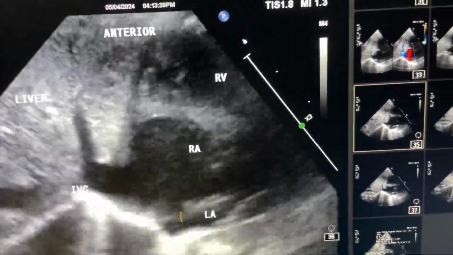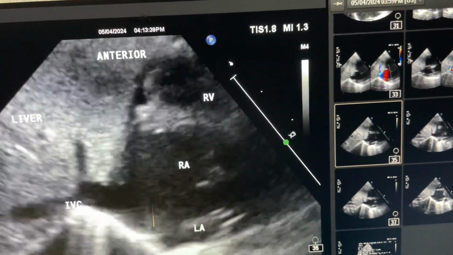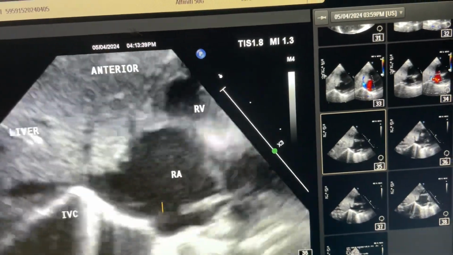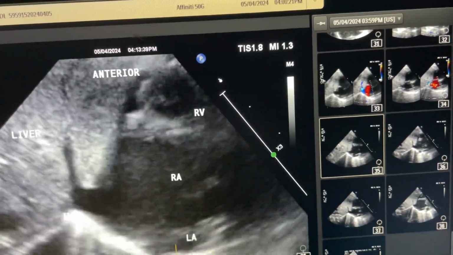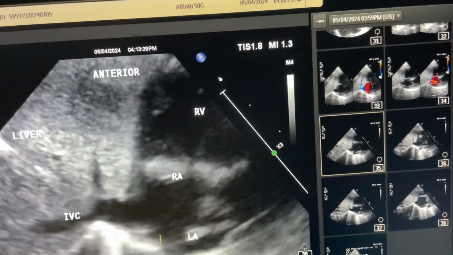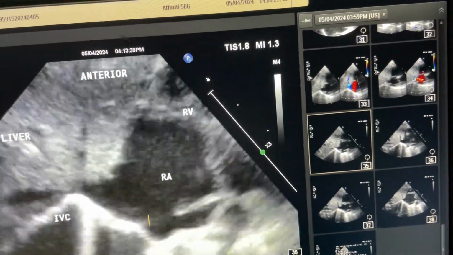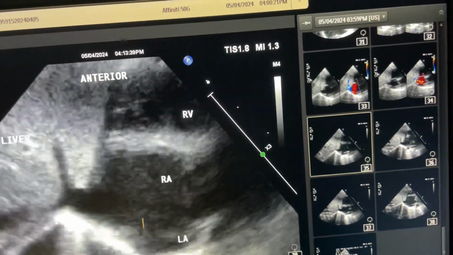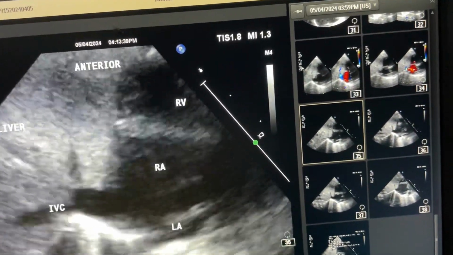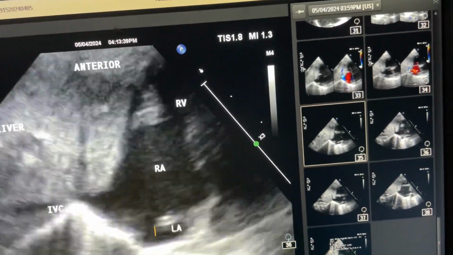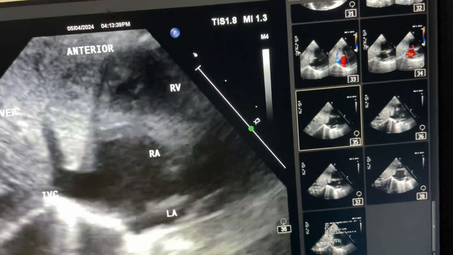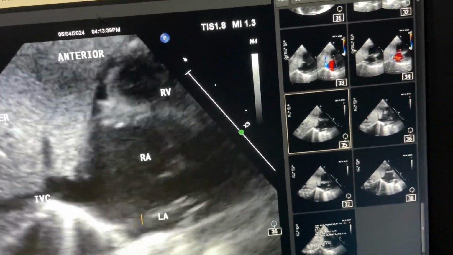This is left atrium. And you see left atrium is communicating, and at the same time IVC is also communicating with right atrium. And this is the right lower pulmonary vein, directly communicating with this right atrium. So in case of sinus venosus ASD of SVC type, you will find right upper pulmonary vein is communicating with SVC or right atrium.